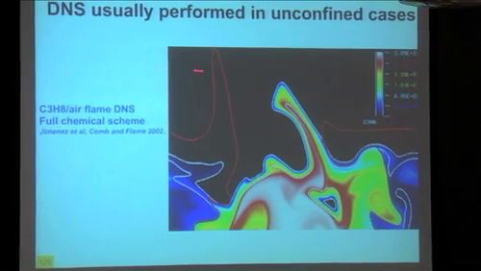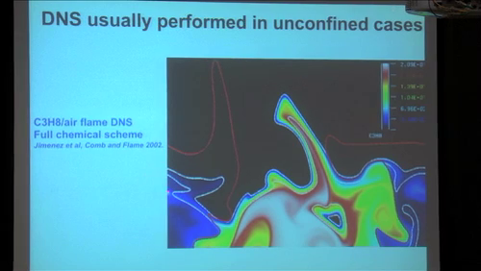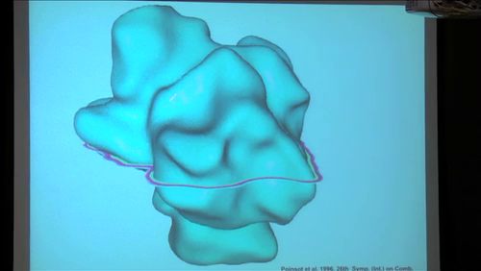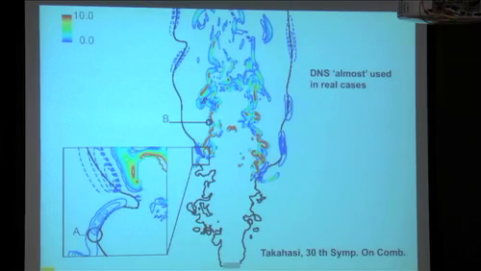So as I said, DNS will be performed in this kind of boxes, which are all nice and good, except they are much too small for what we want to do. You can do DNS in many cases, and if you look at most recent DNS, you will find out that they are all in unconfined cases. This is, for example, a growing flame, 3D ignited in a turbulent flow. This is a jet flame published in the symposium. Here you inject fuel here, but again, the flow is unconfined.